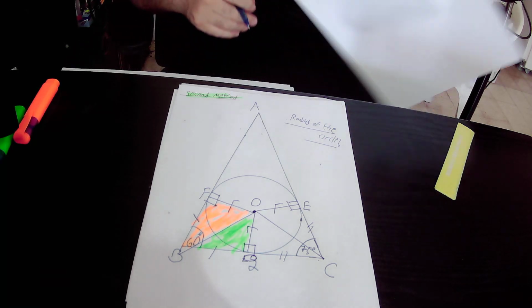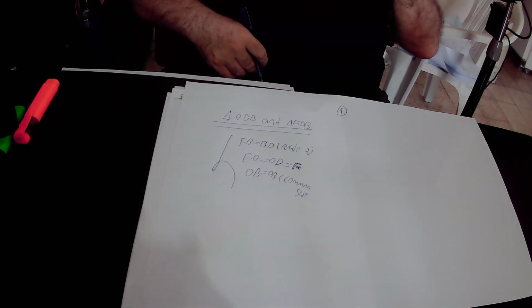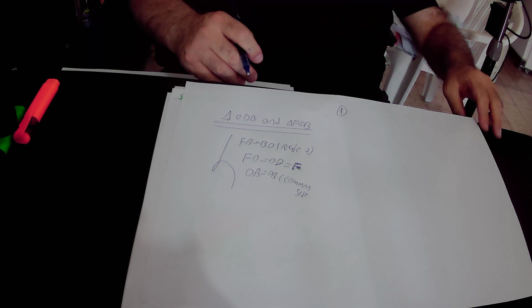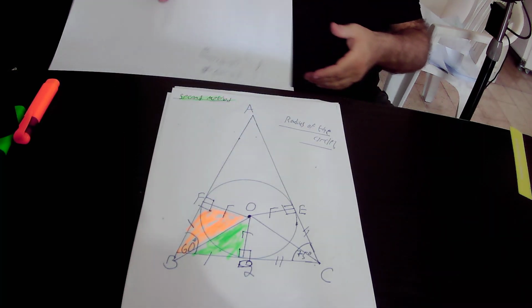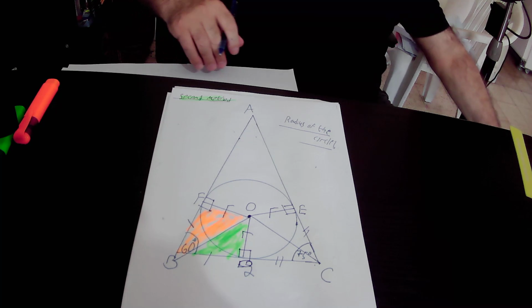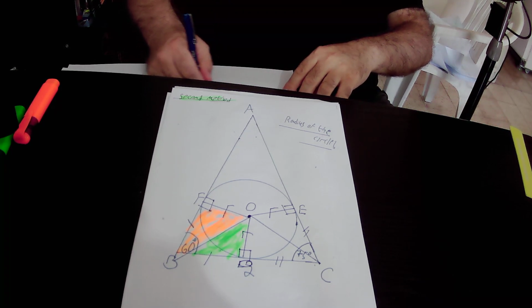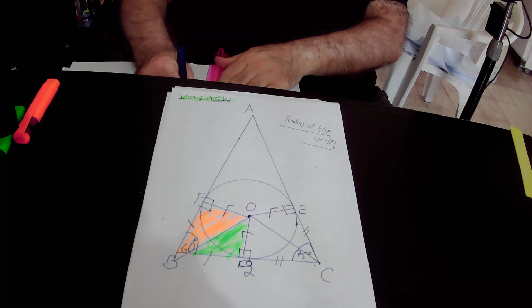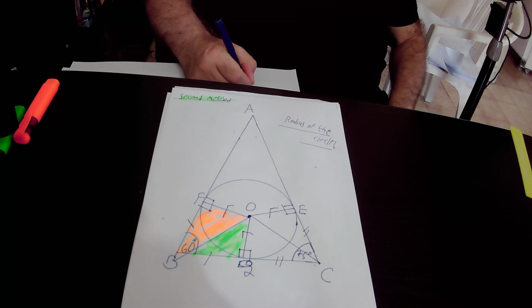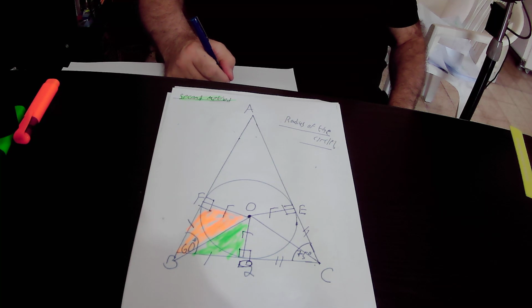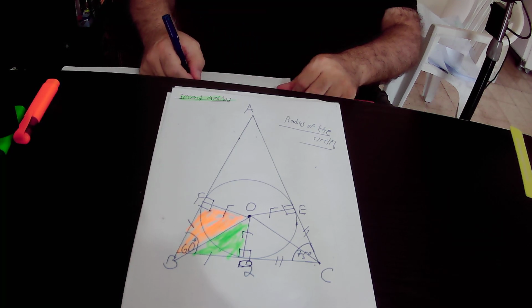We actually found out that the orange triangle BOF is congruent to the green triangle OBD according to the side rule. I write it down: triangle OBD is congruent to triangle FOB according to the side rule.